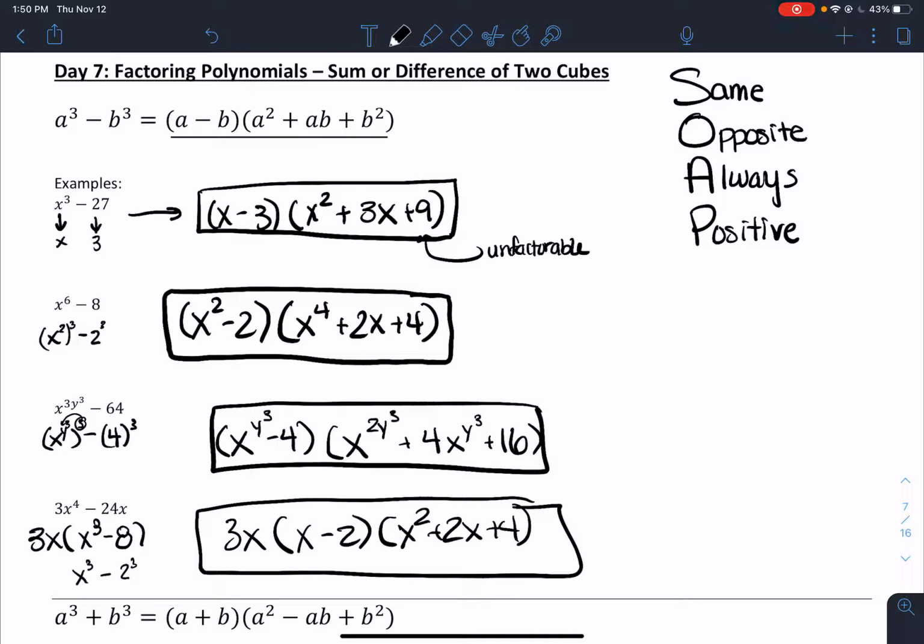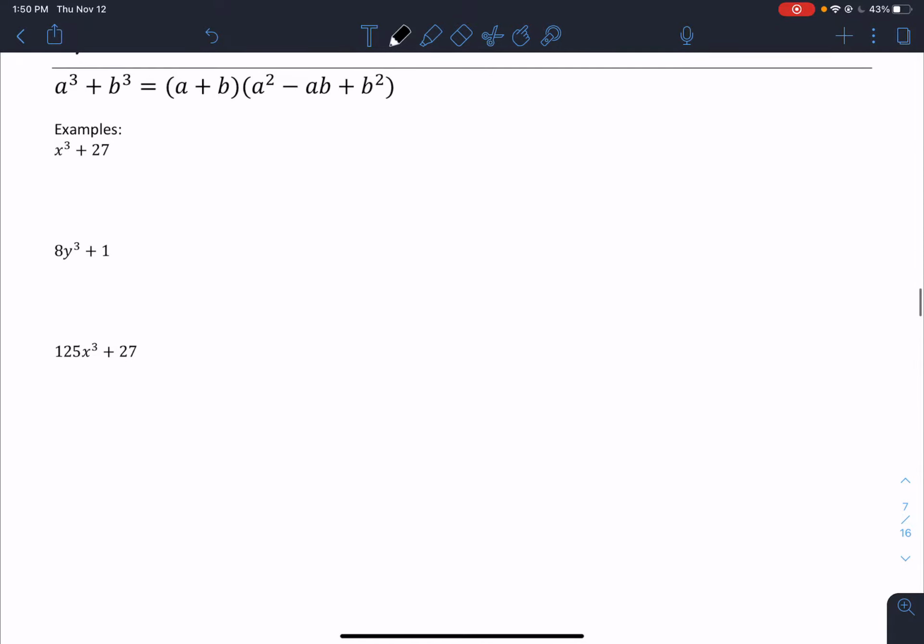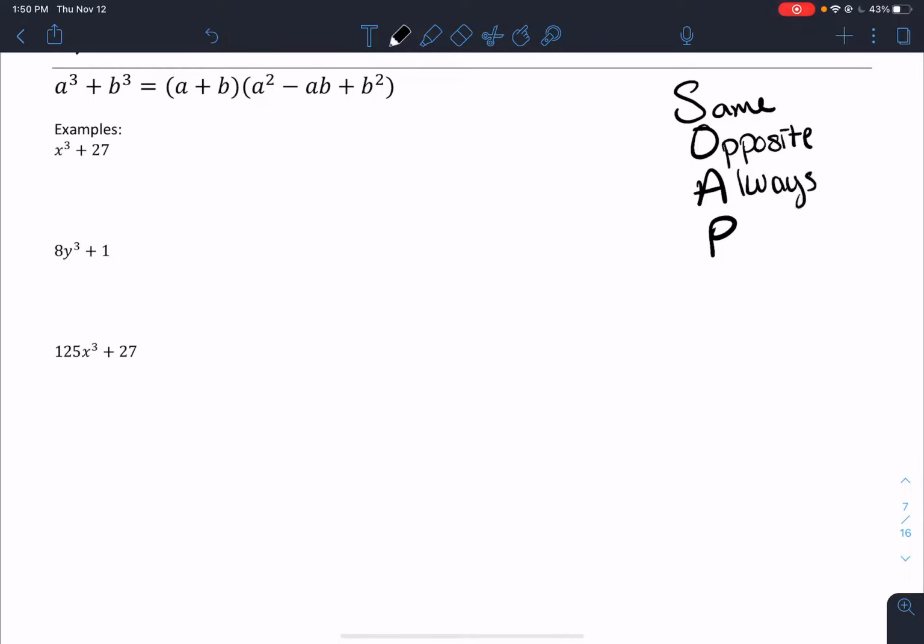All right, that's difference. Sum is very similar. And again, we want to use our SOAP, which is same sign, opposite sign, and then it's always positive.